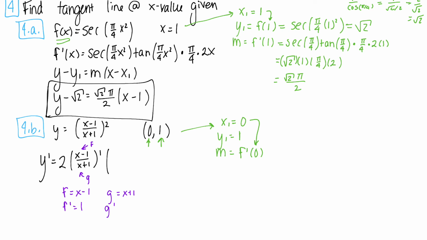But it's pretty nice looking. So we have f prime g, 1 times x plus 1, minus g prime f, so 1 times x minus 1, all over x plus 1 quantity squared.